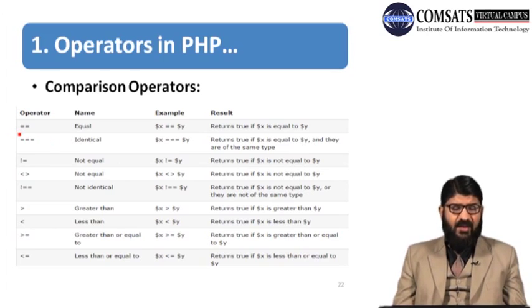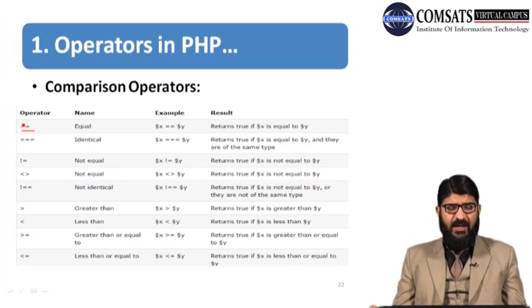The first one is equal. Do consider that the equal is given as a double equal symbol. It means the value of x should be equal to the value of y, meaning both values should be the same. It is not the assignment operator.